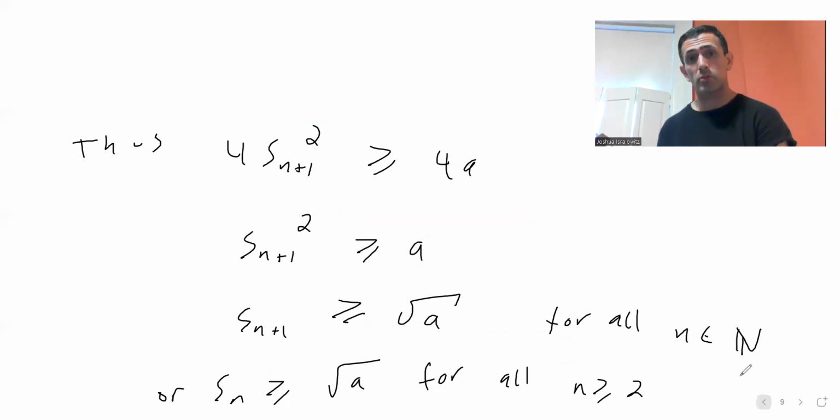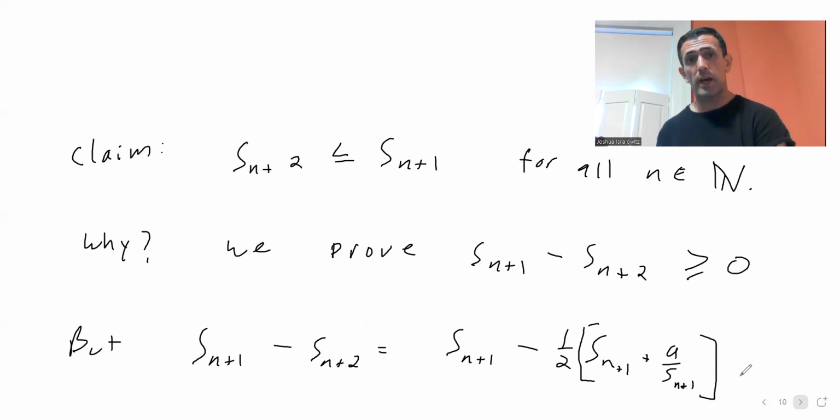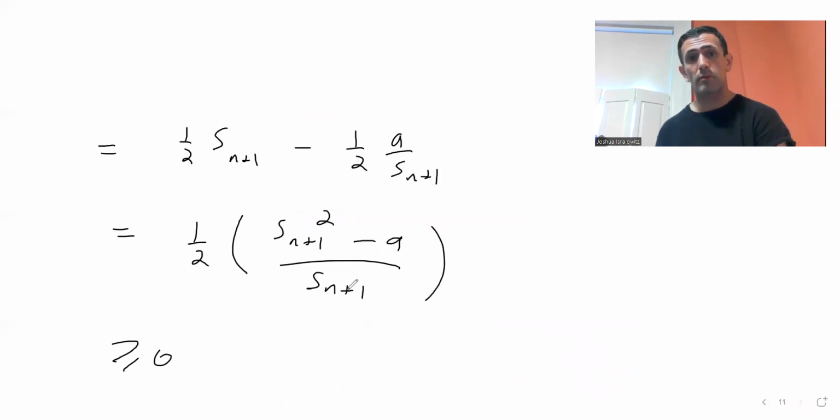So S_{n+1} squared minus A is bigger or equal to 0. The denominator is always bigger than 0. We proved that, so no problem there. So yeah, this is bigger or equal to 0.